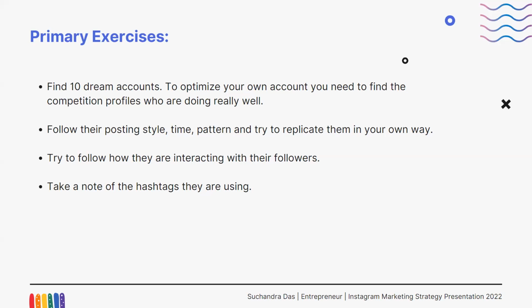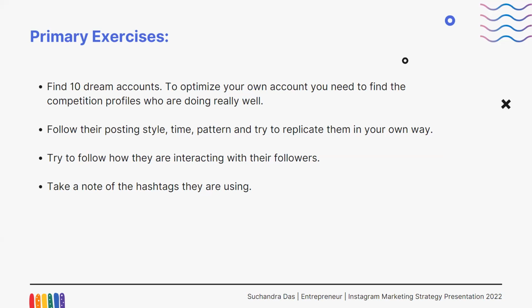Once you do that, then your first exercise is to find 10 dream accounts. To optimize your own account, you need to find competition profiles who are doing really well. Suppose today I created one Instagram profile for myself, so there are no followers, nothing is there, and I posted something on that account.